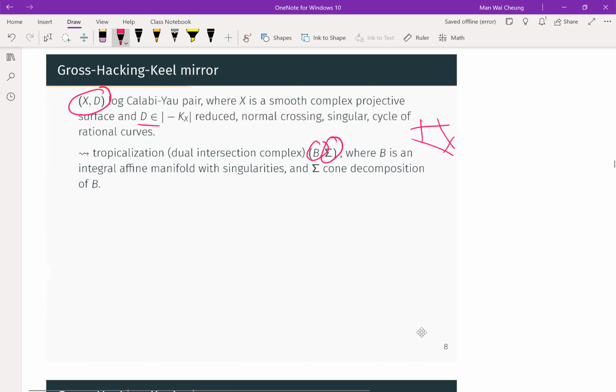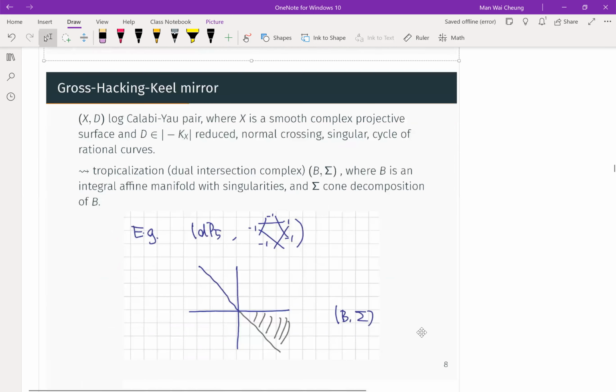Actually, we're going to have an example very soon. So the example we have in this slide is in our mind CP2 and a cycle of minus one curves. And then when we do the tropicalization of it, we copy this cone here. This is slightly, you can see, not the same as the cluster case, in terms of this B is not R2, but it's an affine manifold.